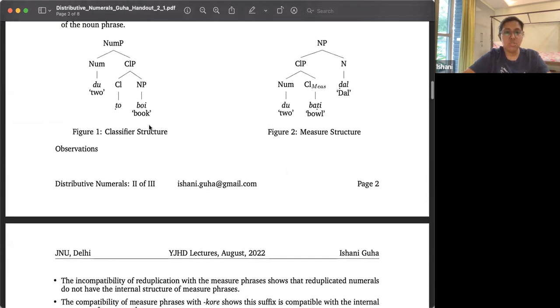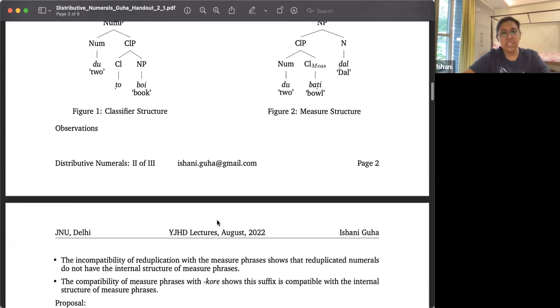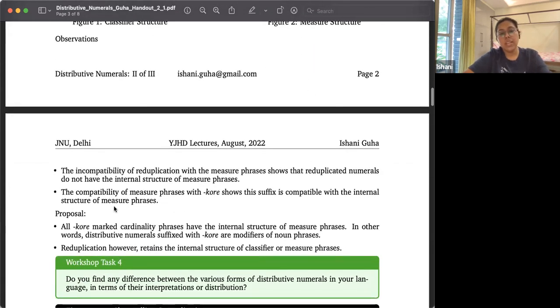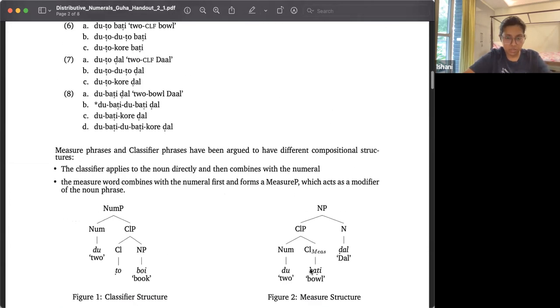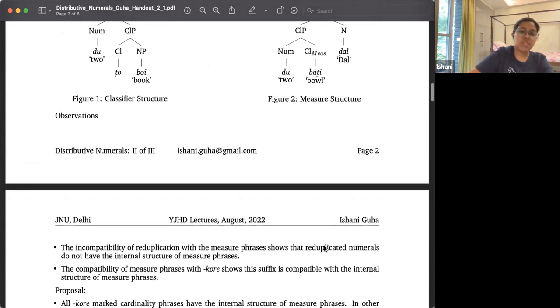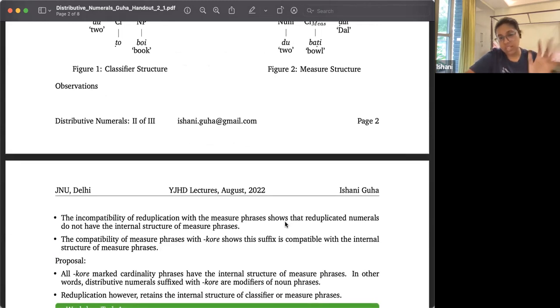That's one position. The compatibility of measure phrases with "core" shows that this suffix is compatible with the modification structure. Let me call them the determiner structure and the modifier structure. So "core" is compatible with the modifier structure, and that's good.